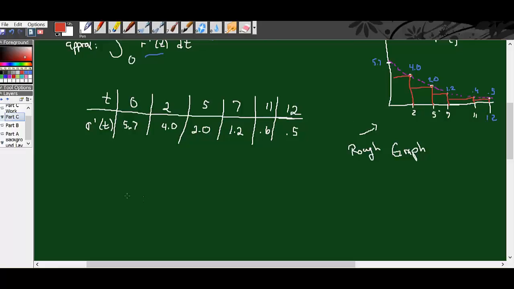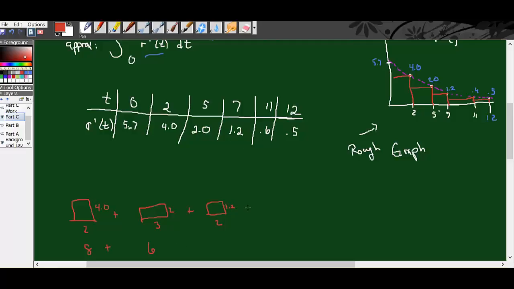So the first one is going to be how wide, from 0 to 2, and how tall, 4. So my first one's going to be a 2 by 4, or an 8, plus my second one is from 2 to 5, so that's a width of 3, and my height is 2, so that's 6, plus my next one is from 5 to 7, so that's a width of 2, my height is 1.2, and honestly I'm taking these from up here because that's hard for me to read.